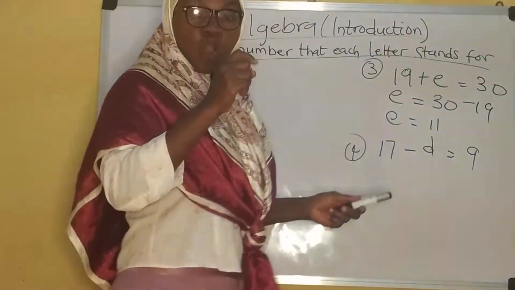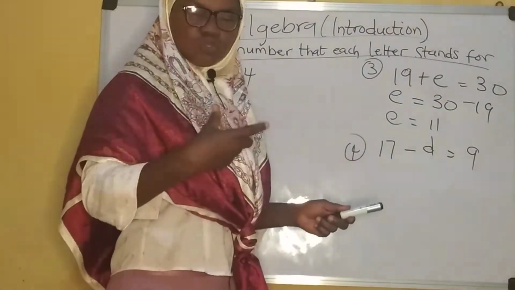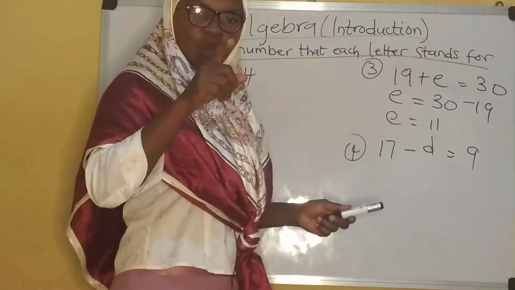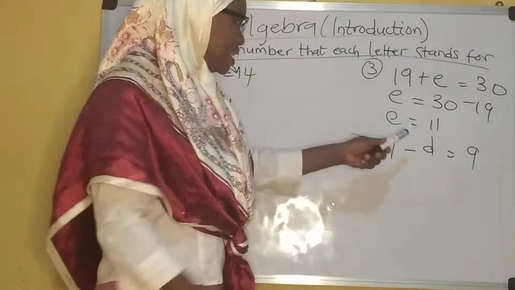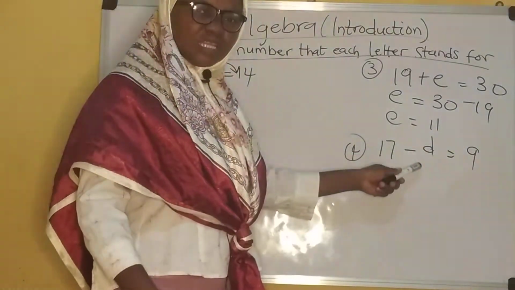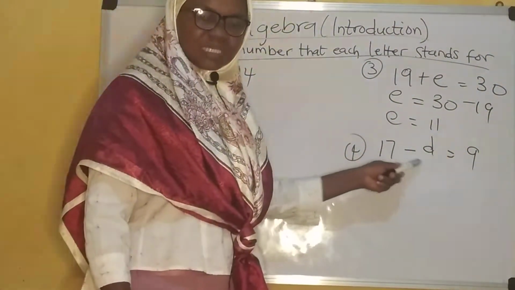Any number or unknown value that you write without attaching any operator is believed to be positive. But in this case it is negative, so you need to carry the letter, the unknown value, alongside this operator because it's actually the owner.